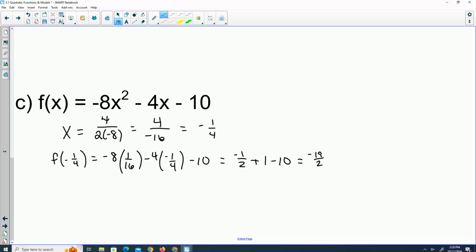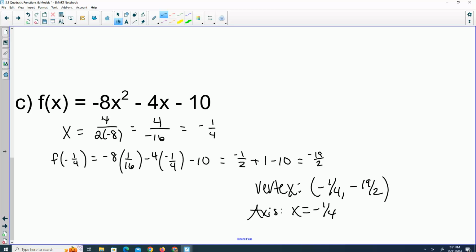What you guys said? Okay, so my vertex is the ordered pair negative 1/4. All right. Axis of symmetry equals negative 1/4. Does this open up or down? No. All right. Are we okay with that stuff?